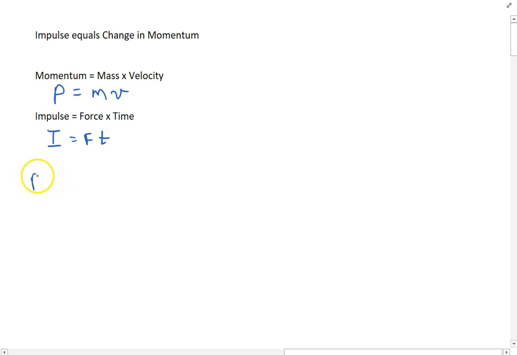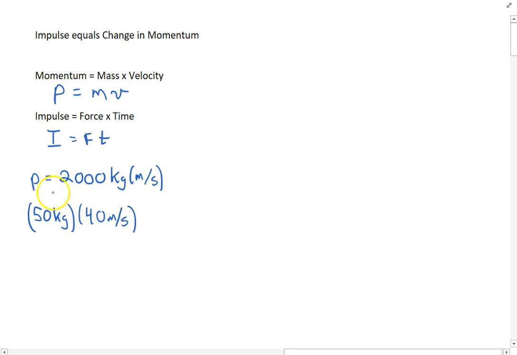So let's say I had a momentum of 2,000 units, or 2,000 kilograms meters per second. These are my momentum units. I could have a bunch of different combos of this. I could have this be 50 kilograms times 40 meters per second, which would give me this. I could have a combo of 100 kilograms times 20 meters per second.